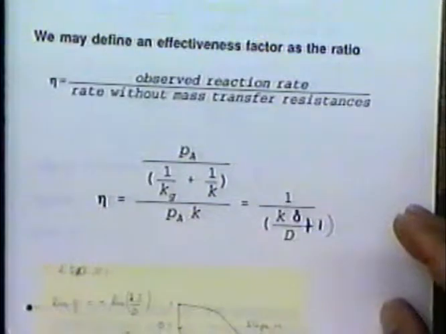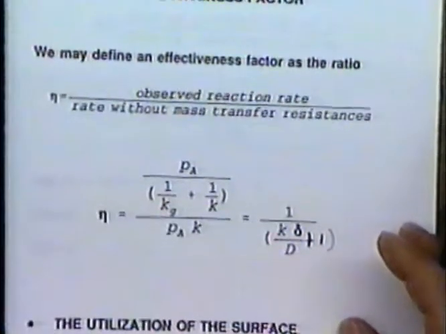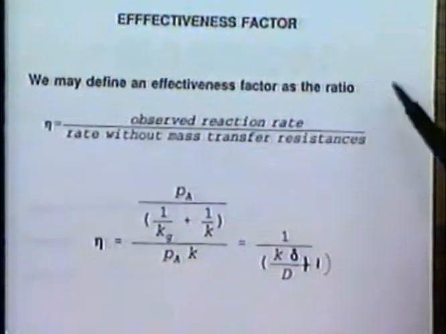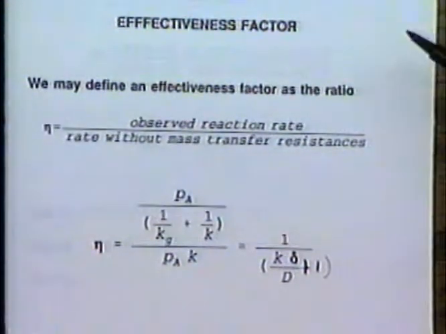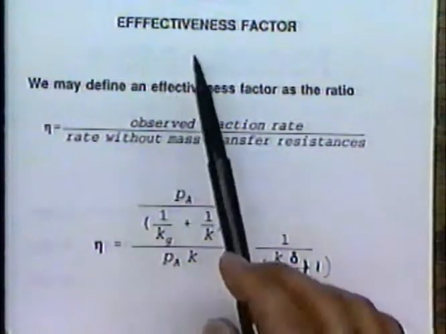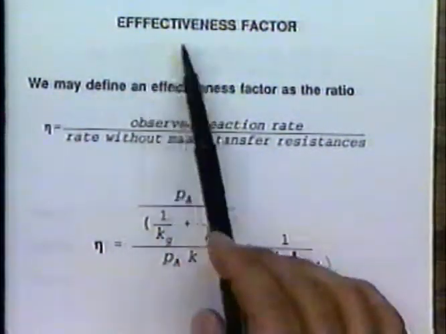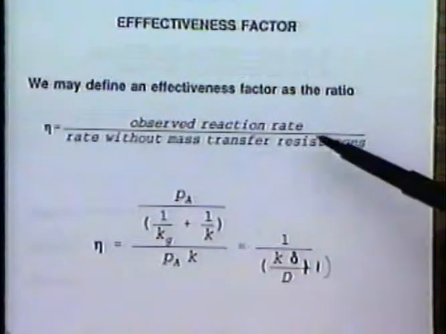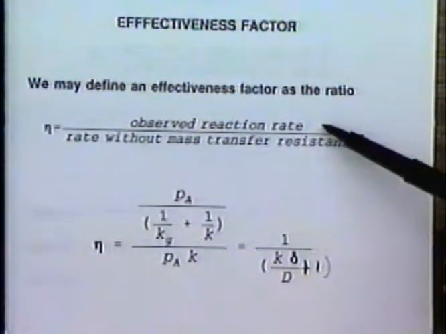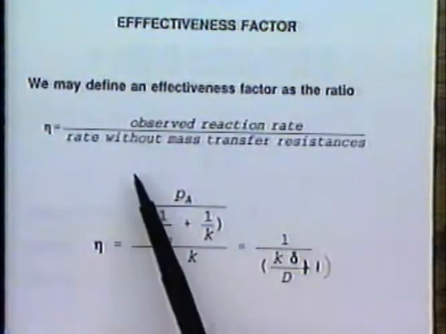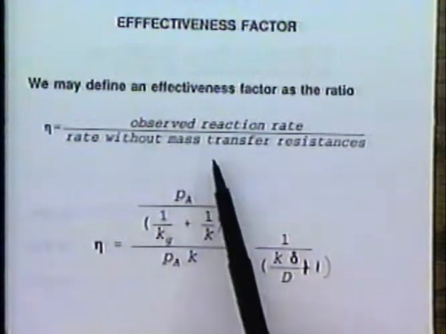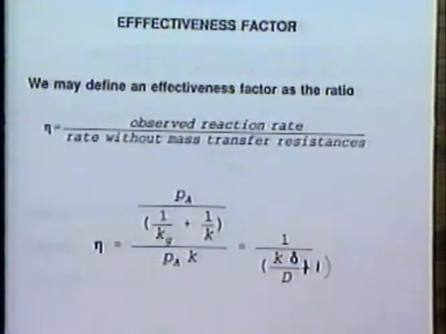Another thing, we may define for this heterogeneous reaction an effectiveness factor as the ratio of the observed reaction rate divided by the rate that would be observed if mass transfer resistance were not there.